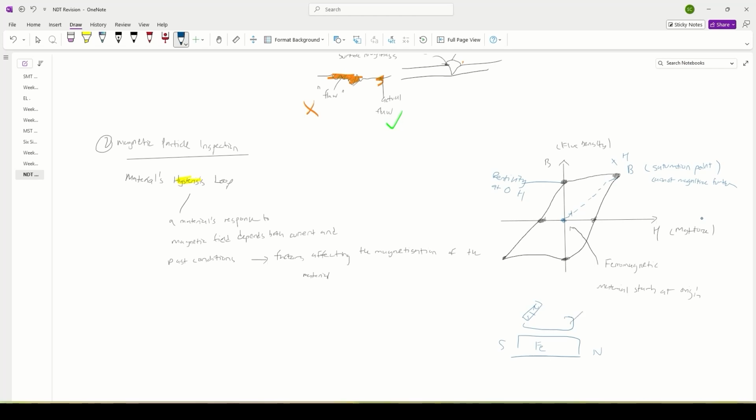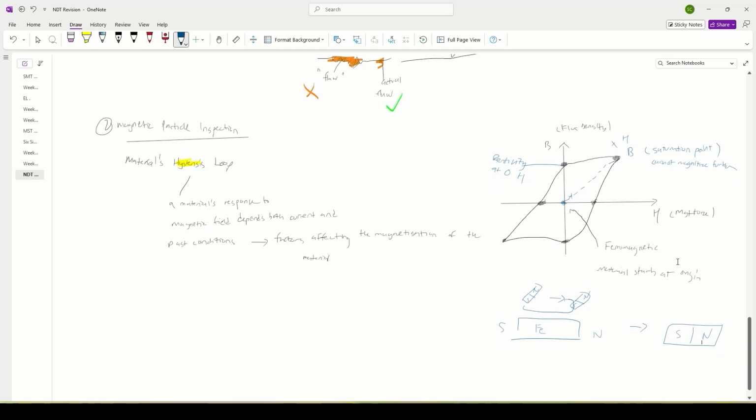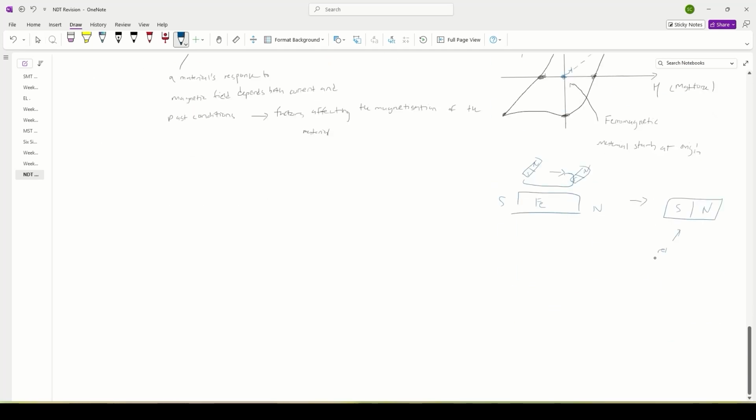Once you remove the magnet after temporarily stroking, it will become a magnet even if you take out the magnet. So this is called retentivity, in which the inner ferromagnetic material, which consists of small magnets, is aligned like this in reference to direction south and north.